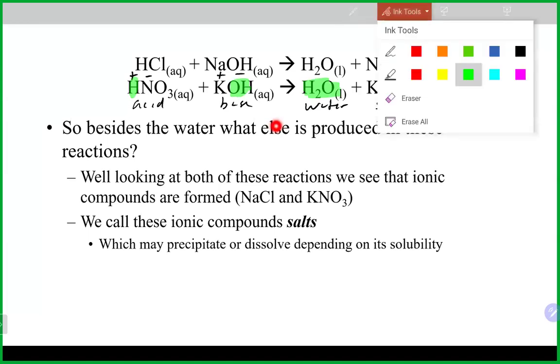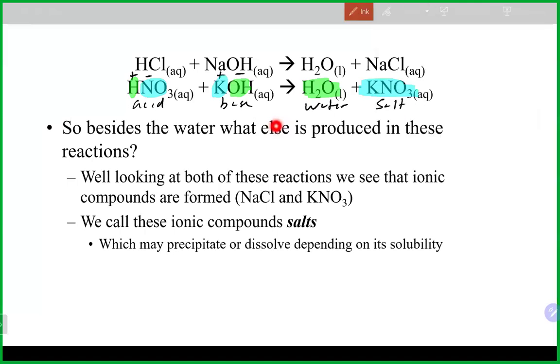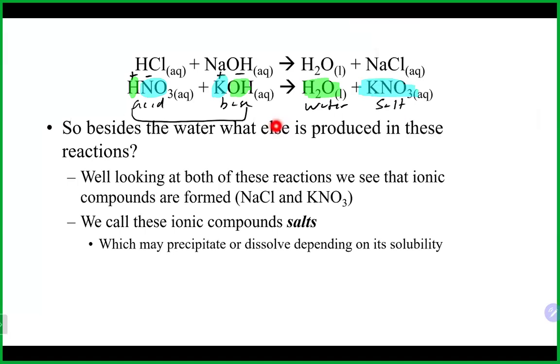And then the other part is going to make our salt. The K plus is going to come together with the nitrate to make our potassium nitrate in this case. We have that exchange of ions happening, going this way and going this way.